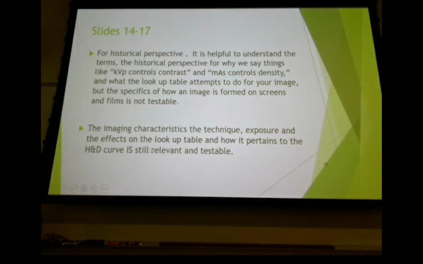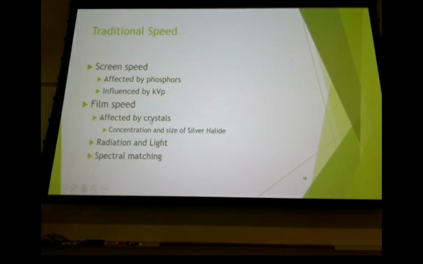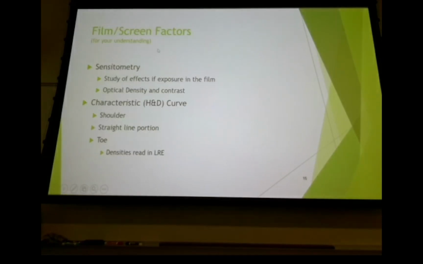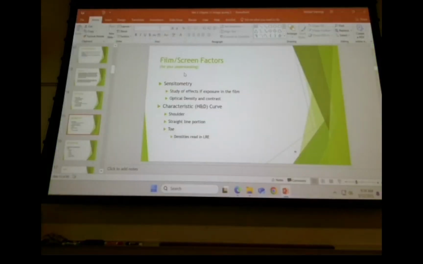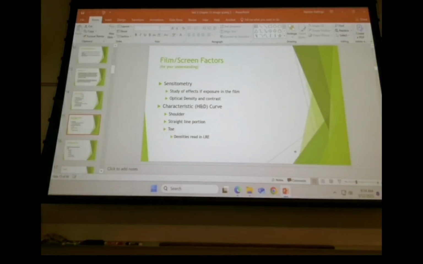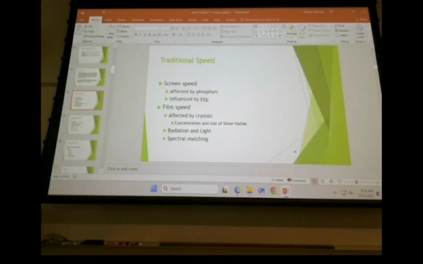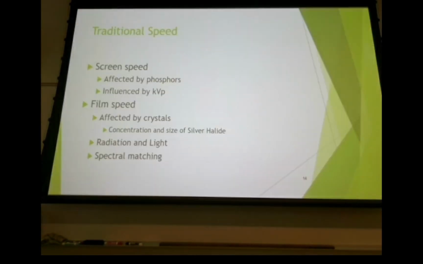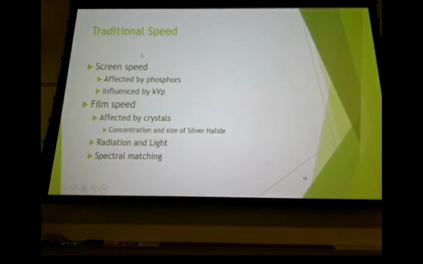We don't do that anymore, but we still use it as a visual, and we'll talk about that here in a bit. So traditional screen speeds, I kind of talked about that in the transition from slow to high speed and high speed to CR to DR.